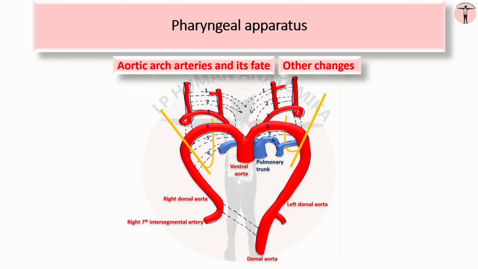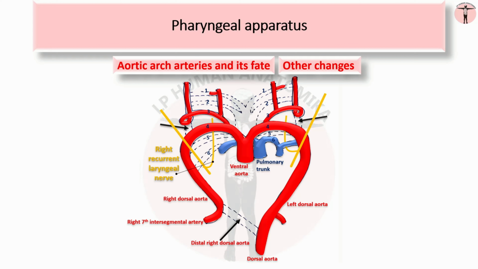The dorsal aorta between the third and fourth arches, known as the carotid duct, is obliterated. The right dorsal aorta between the origin of the right 7th intersegmental artery and the junction with the left dorsal aorta disappears.